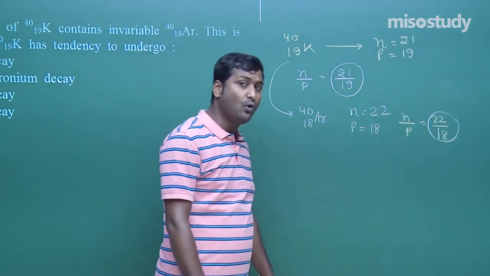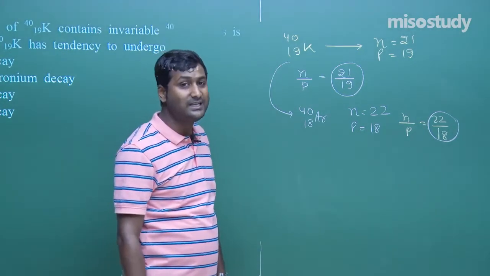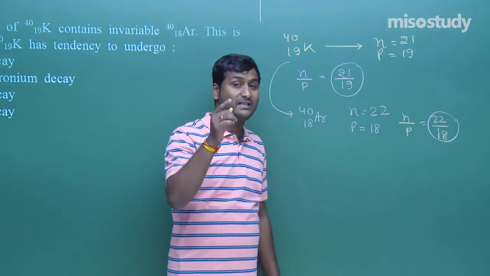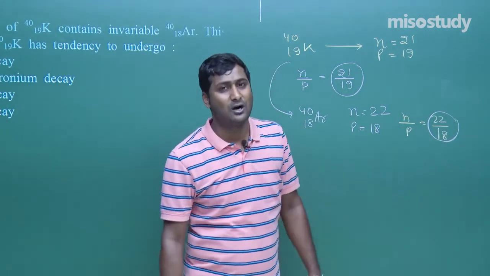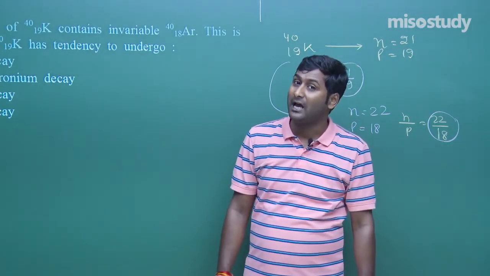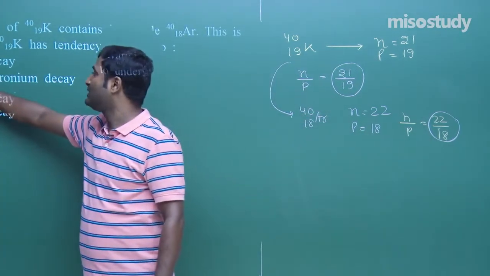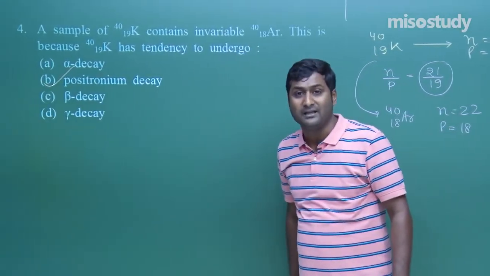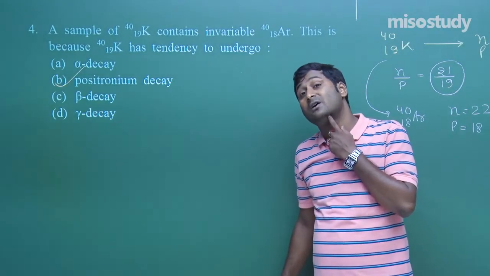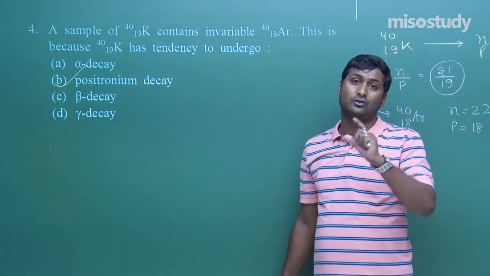We know that if the N/P ratio is going to increase, then which type of emission takes place, as I discussed in my lecture on the cause of radioactivity? The answer will be positron emission. In this case positron decay takes place. Clear? Beta decay takes place if the N/P ratio is higher and we have to reduce it to a stable limit.